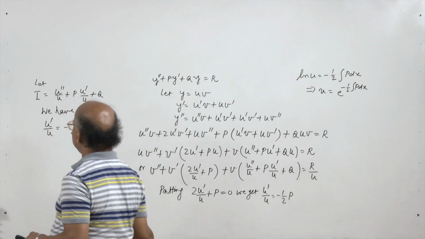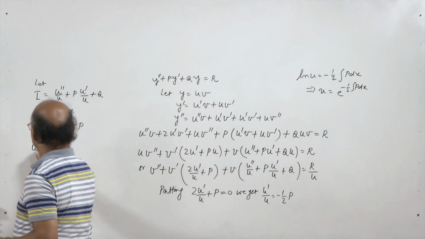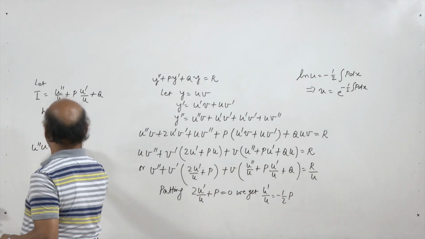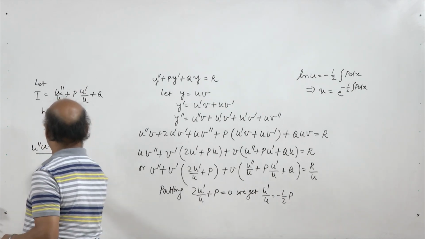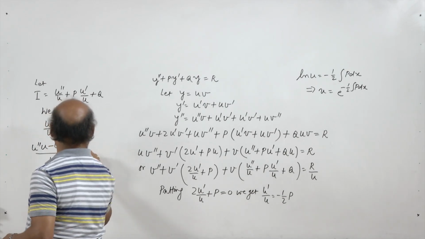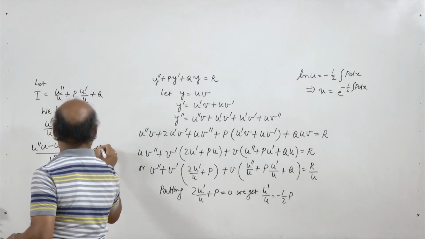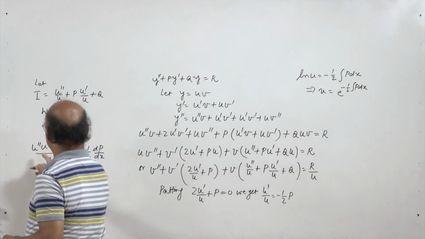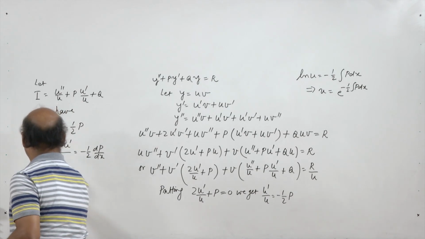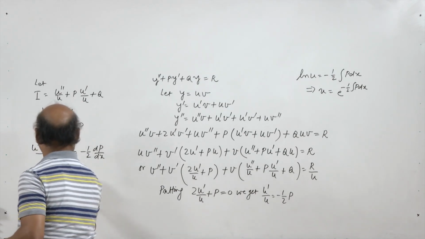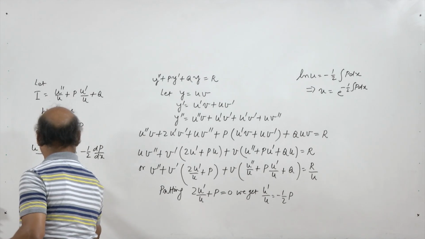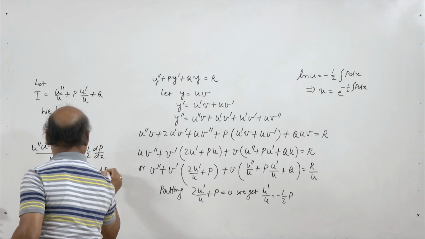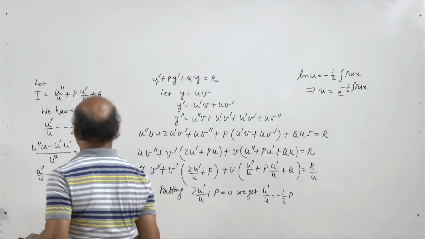If we differentiate with respect to x, we get (u double dash into u minus u dash into u dash) divided by u square equal to minus half dp by dx. Dividing by u square, we get u double dash by u minus (u dash by u) whole square equal to minus half dp by dx.